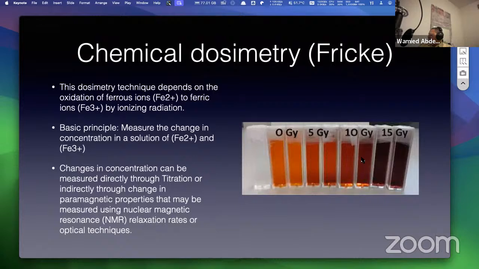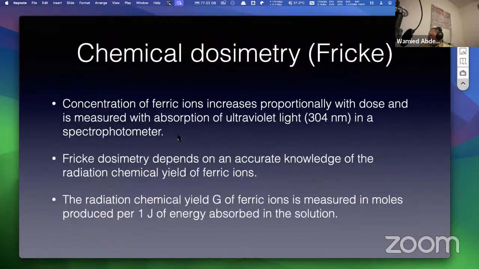And from that change, we can figure out by how much the concentration has changed. The concentration of ferric ions increases proportionally with dose and is measured with absorption of ultraviolet light in a spectral photometer. This is if we're using these optical density techniques.